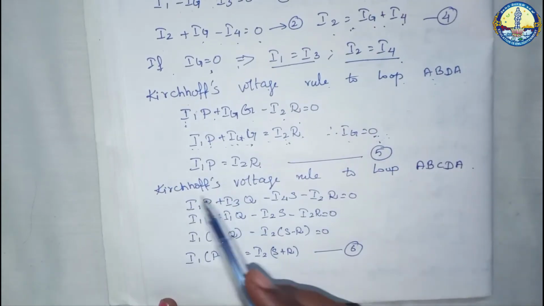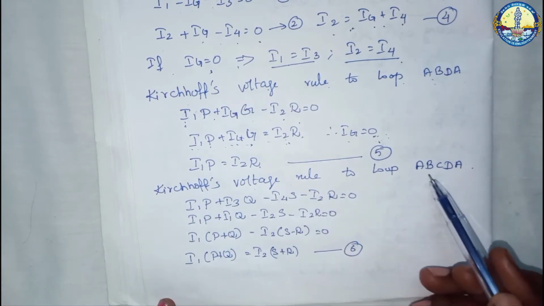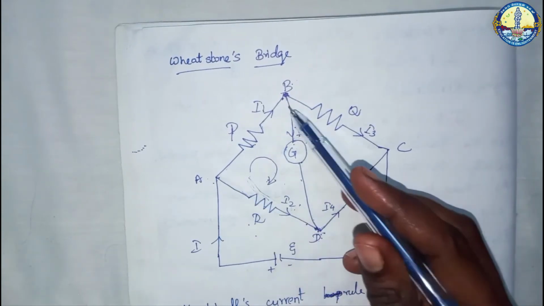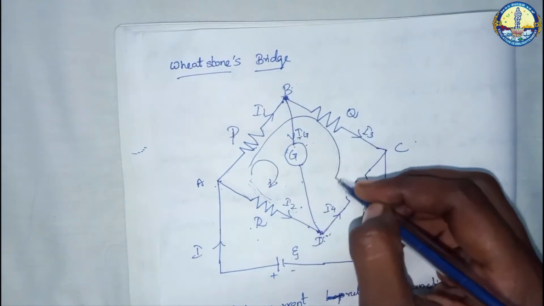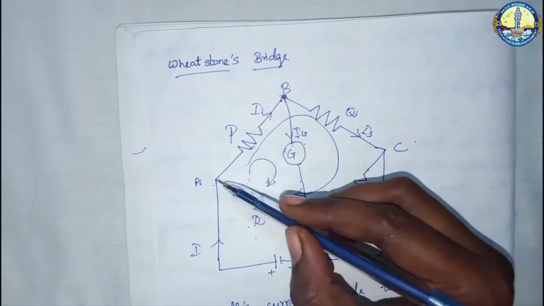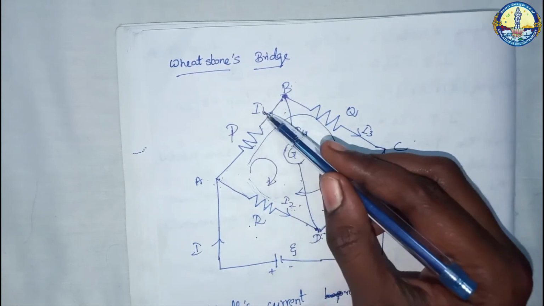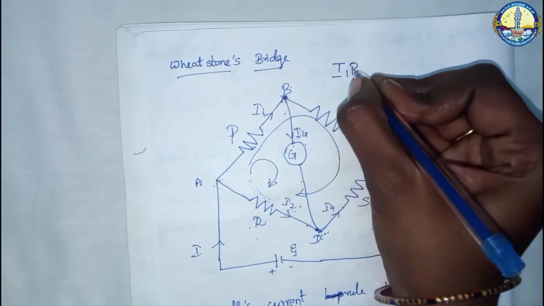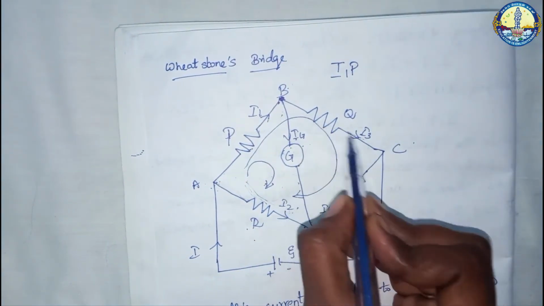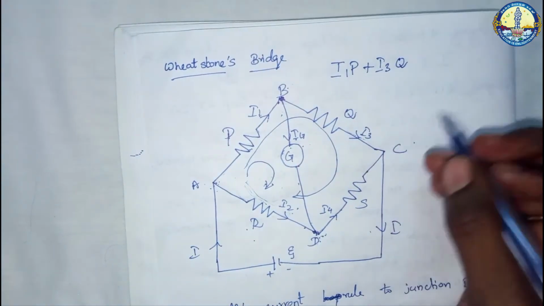Next we are going to apply Kirchhoff's voltage rule to loop A, B, C, D, A. So this time we are going for this loop. Here we go along the direction of current. So we will write I1P. And then this is the same direction, so plus I3Q, where Q is the resistance value.